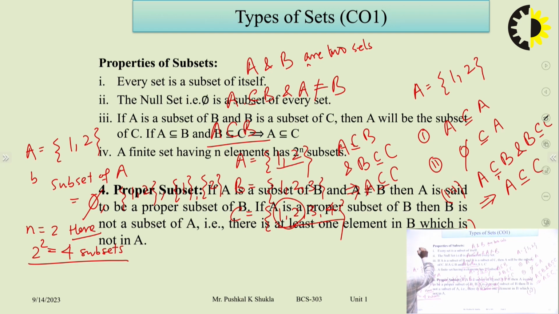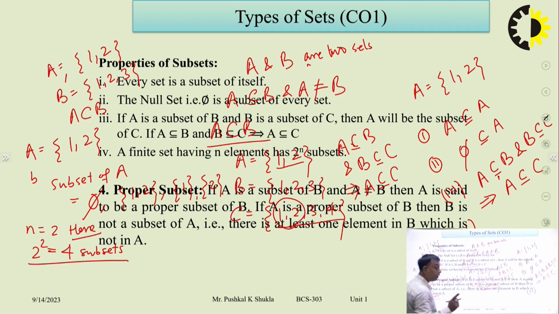For example, A equal to {1, 2} and B equal to {1, 2, 3}. So here we can say that A is a proper subset of B because A has elements 1, 2 and B has elements 1, 2, 3. 1, 2 is there but A is not equal to B. So this is the case of the proper subset.